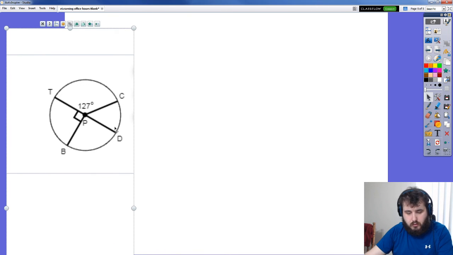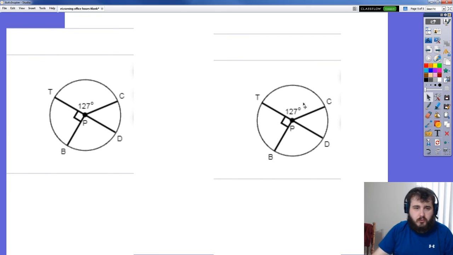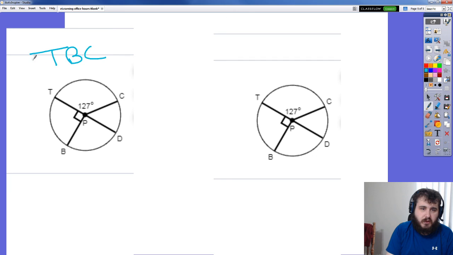Let me copy, paste. So originally, what we wanted before was arc TBC, like this. And that tells us that we want to go the long way around the circle like this, TBC.